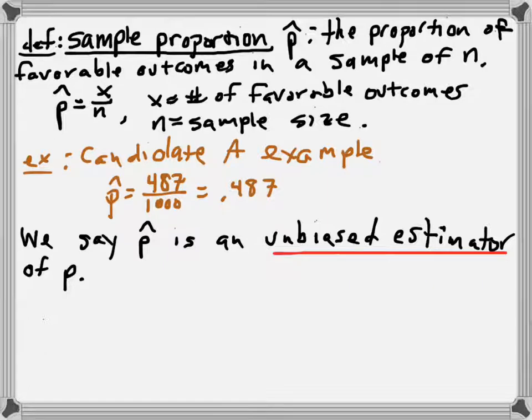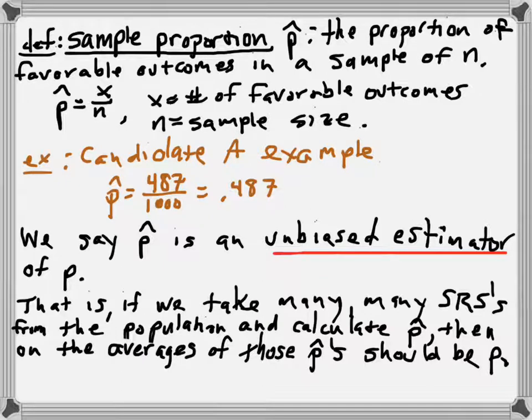I didn't want to spend a ton of time on this because it does get kind of confusing. But we say that P hat is an unbiased estimator of P. What that means is as long as your samples are random, as long as you're taking simple random samples, P hat should be a pretty good estimate of P. And when we say unbiased, we're saying that if everybody did it over and over and over, the average of everybody's sample proportions should be about the real proportion P. Another way of saying it is that it doesn't tend to overestimate any more than it underestimates the true proportion.